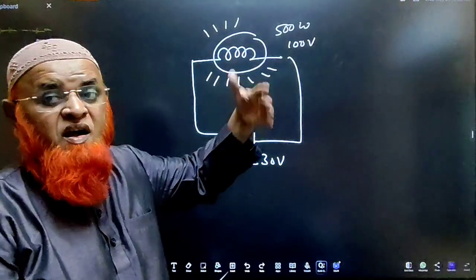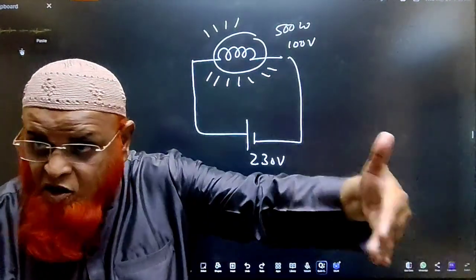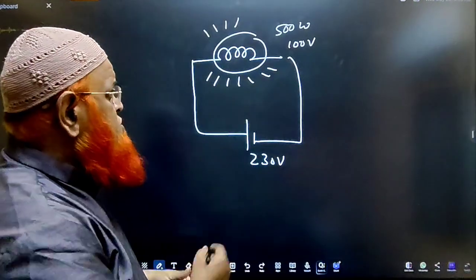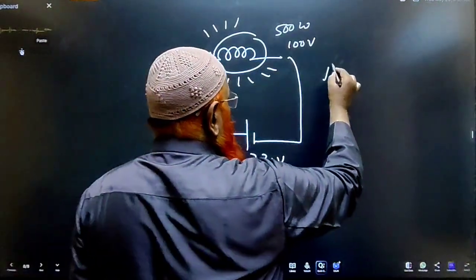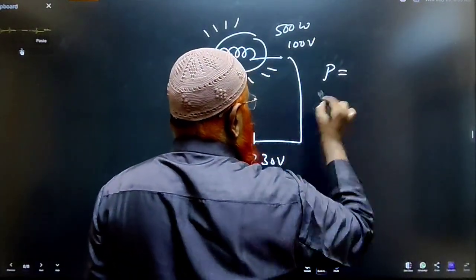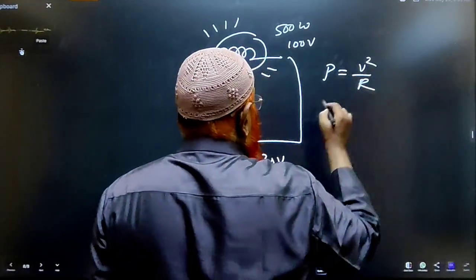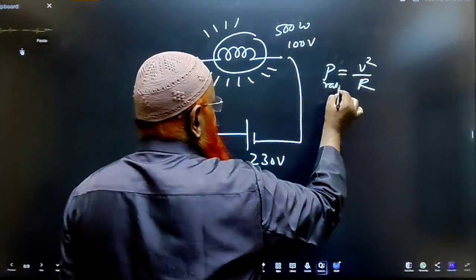That is called power rated on the bulb. So for this power rated on the bulb, what is the formula for power? Power is equal to V square by R. This is called the power rated formula.